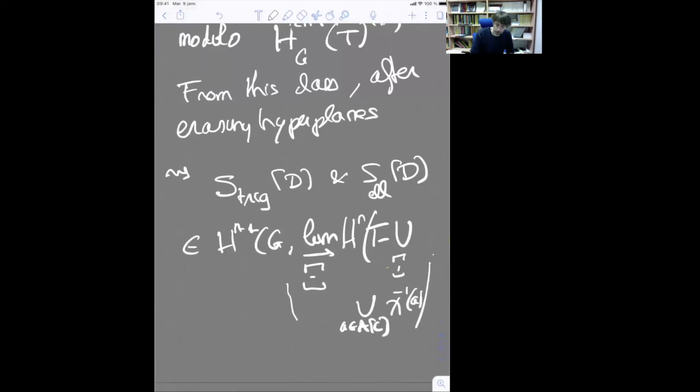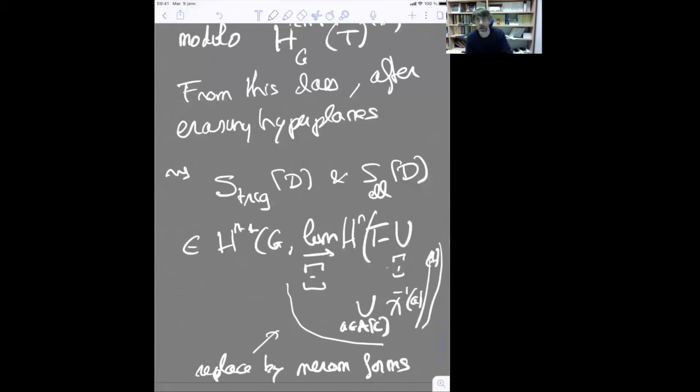So this is not very satisfactory because it's still a cohomology group, but in fact what we can prove is that there is some kind of Brieskorn theorem if you restrict to the invariant part here, and you can replace it by meromorphic forms. And I'm sorry for the delay.